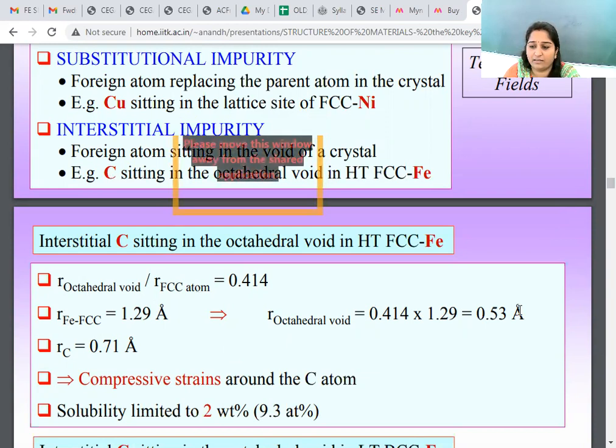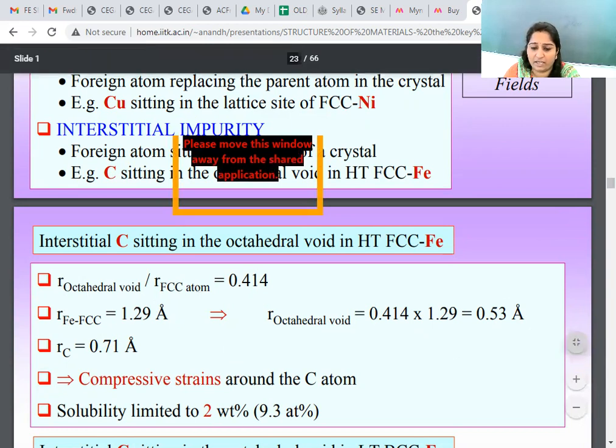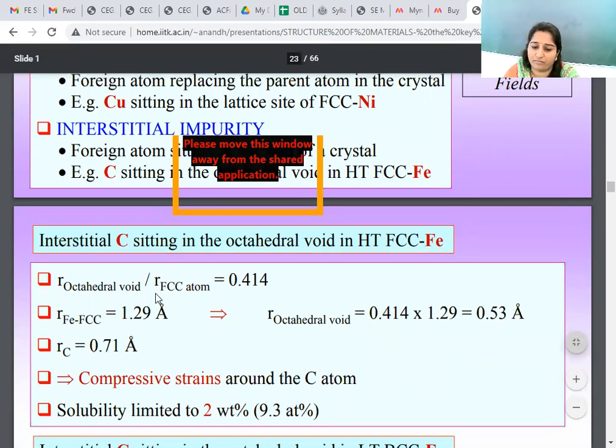The size of the octahedral void is 0.53 angstrom. There is a compressive strain around the C atom, and the solubility limit is 2% by weight and 9.3%.